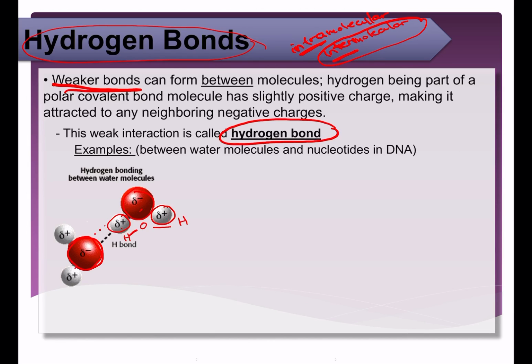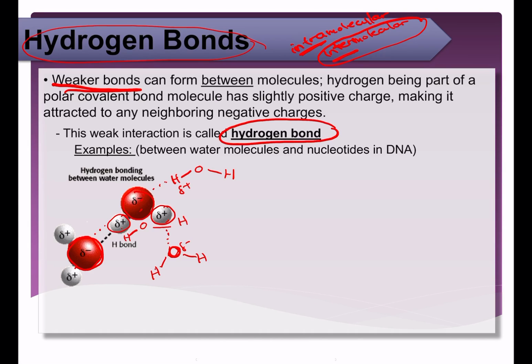Here, this partial positive charge can also bond with another water molecule, interacting with the slight negative charge of the oxygen of a third water molecule. And this oxygen, being slightly negative, can interact with a fourth water molecule's partial positive charge hydrogen.